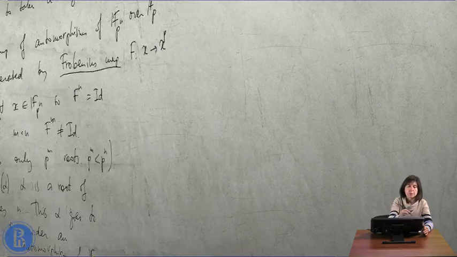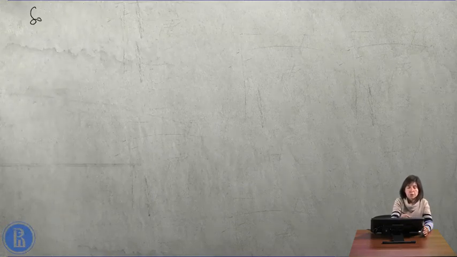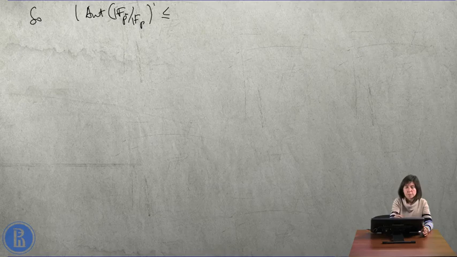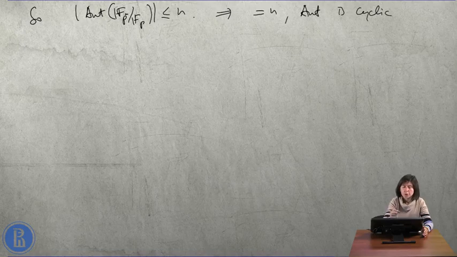So the cardinality of this group is at most n. Well, then it is n, and the group is cyclic generated by F.